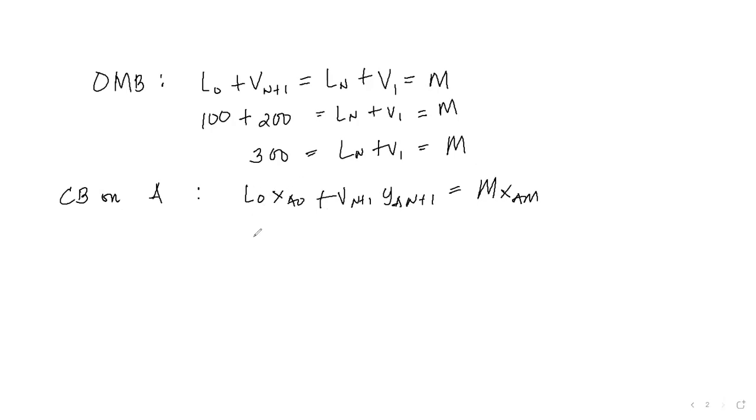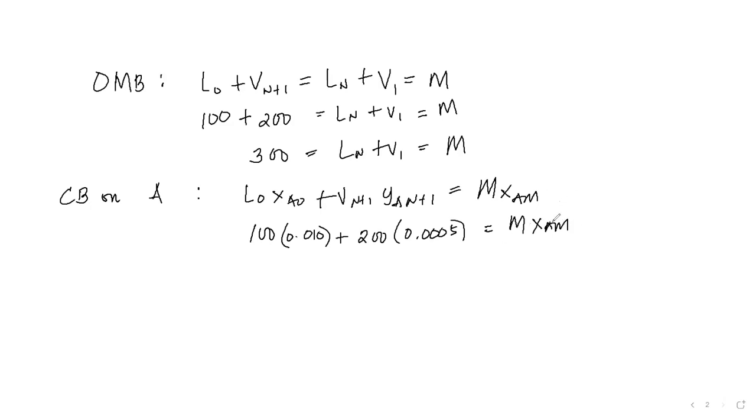So in this case, I have here L0 100. The XA0 is 0.010. The V sub n plus 1 is 200, and your YA n plus 1 is 0.0005. Now, I will have the M, which is 300, and the XAM.